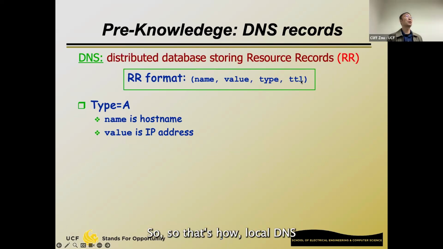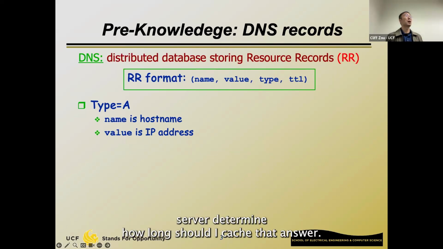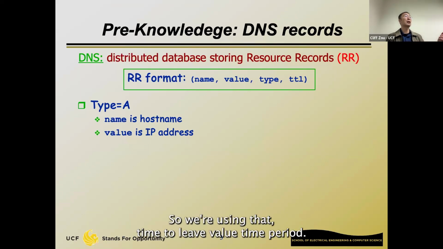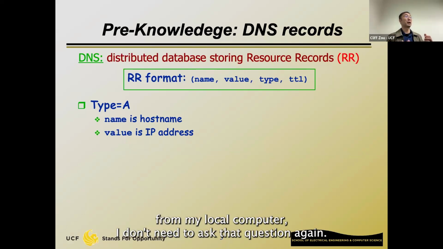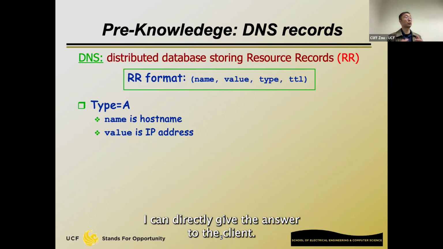So that's how a local DNS server determines how long should I cache that answer. So within that time to live value time period, if I receive another query from my local computer, I don't need to ask that question again. I can directly give the answer to the client.